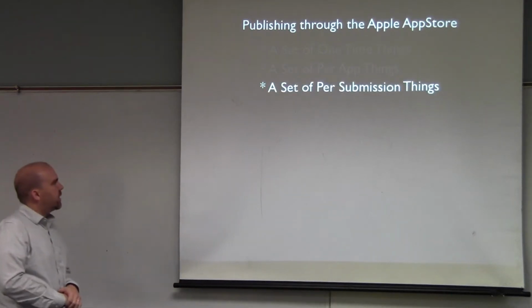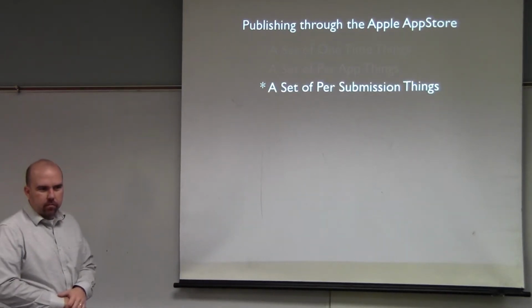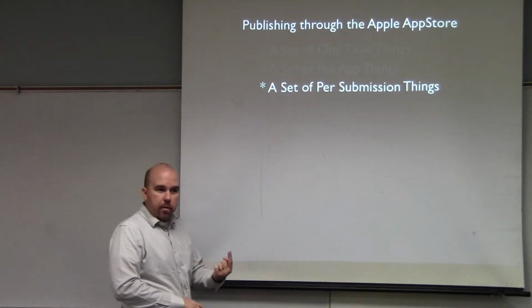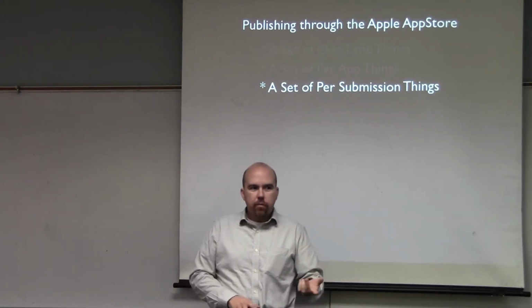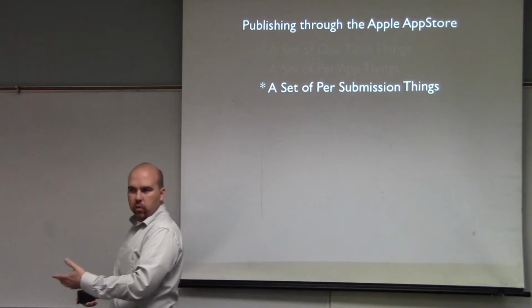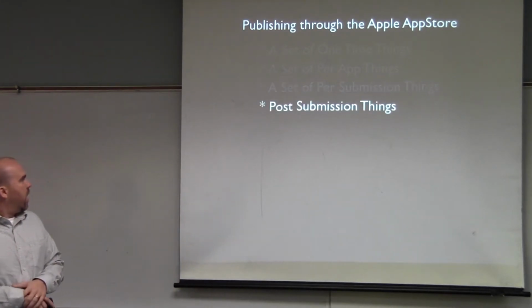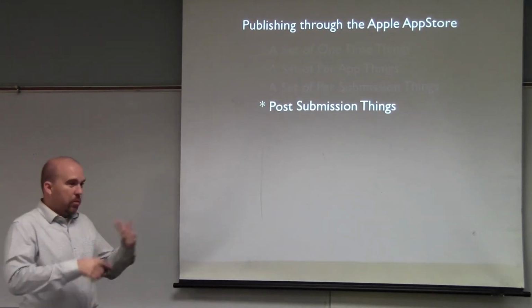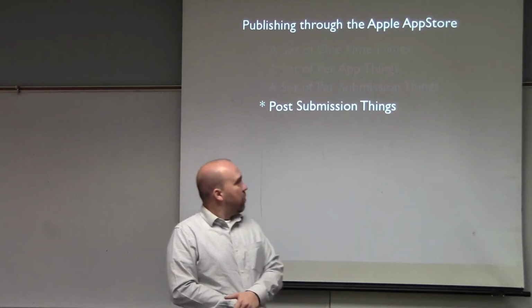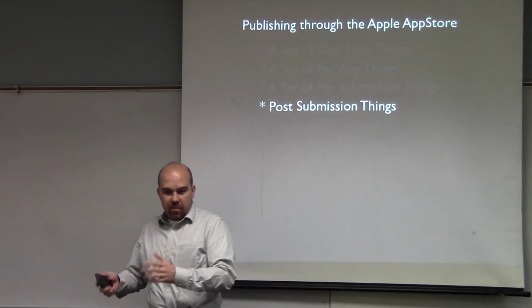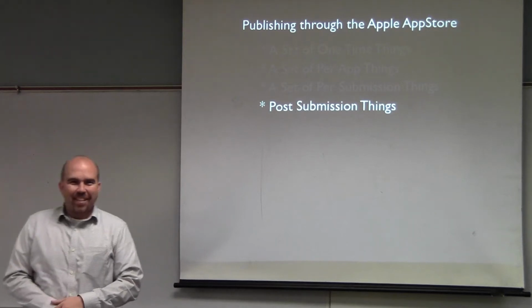Similarly, you have a set of per-submission things. You may have one app, but if you resubmit it over and over again for whatever reason, you have to do those things as well. And finally, you have the post-submission things, which are pretty much a rejection notice, for example.